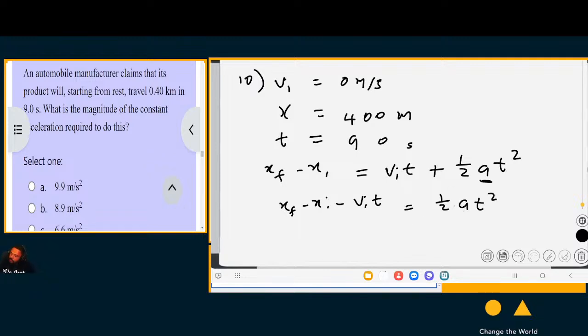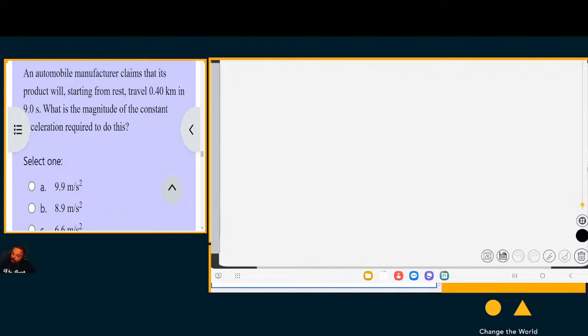If we get rid of the half and t squared, let's keep a half times the acceleration is equal to the final distance minus initial distance minus v_i t over the time squared. Now let's go fill this in.